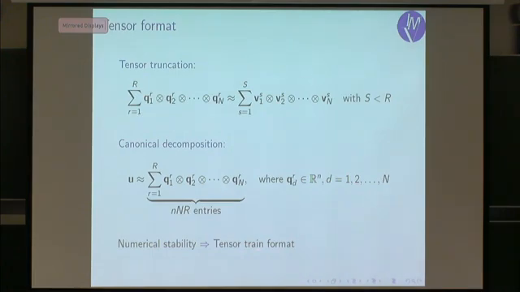For example, people developed the tensor train format, which is a little bit more clever structure. You organize your data in a little bit different way, and then you can use that little bit more complicated structure to do this tensor truncation efficiently and in a numerically stable way. This tensor truncation is based on the singular value decomposition of your matrices, which is done dimension by dimension.